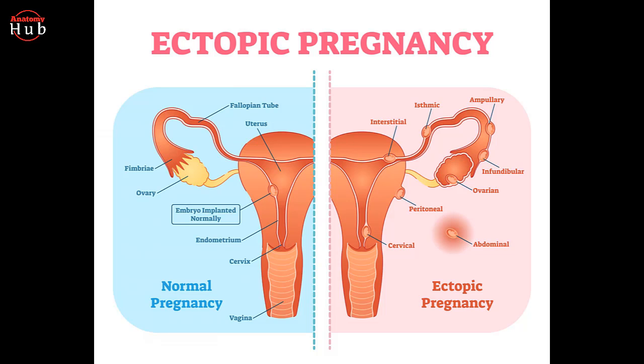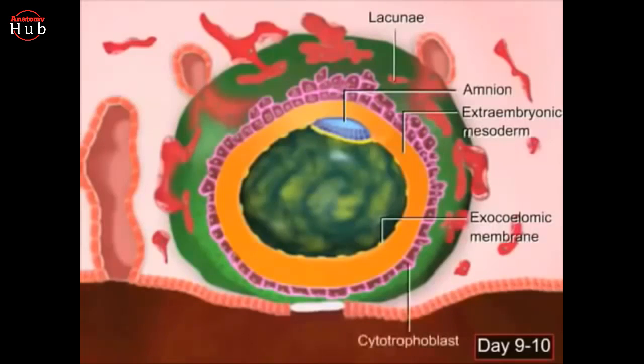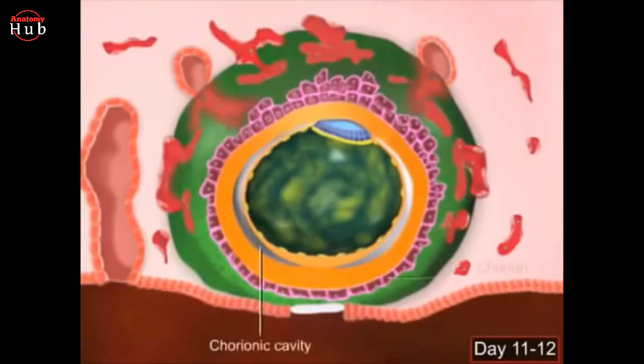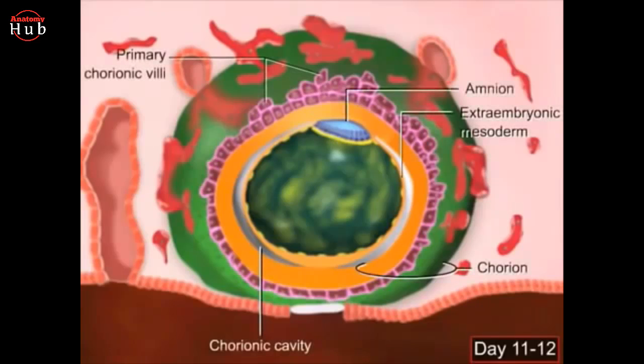Tubal pregnancy may burst open and the conceptus may be secondarily implanted in the abdomen, called abdominal pregnancy. Implantation close to the internal os leads to placenta previa, and this is associated with the menace of antepartum hemorrhage.